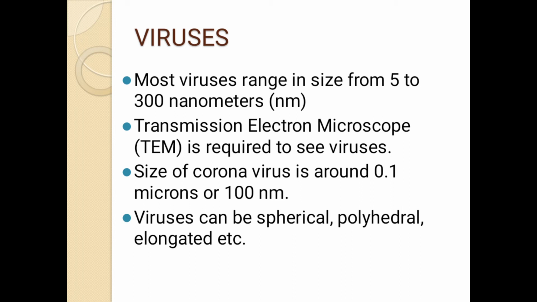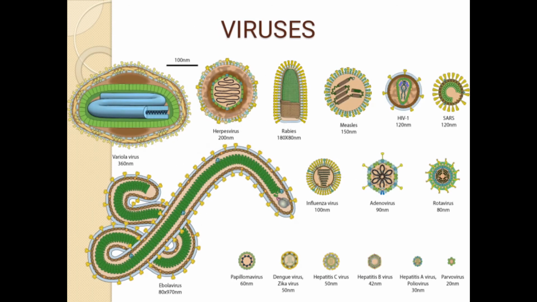The size of a coronavirus is around 0.1 microns or 100 nanometers. Viruses can be spherical, polyhedral, or elongated in shape. In the next slide we will see these different shapes. So these are the various types of viruses. You can see various shapes of these viruses and the names of the various diseases which happen because of these viruses.